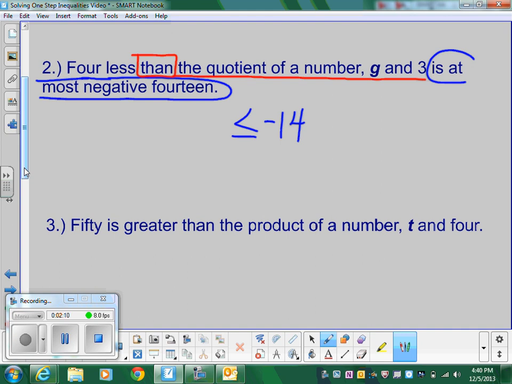We all know quotient means division. So the first piece is our numerator, and our second piece is our denominator. So what we end up with is g over 3. We return to our "less," so we have a minus and a 4. This is now translated.